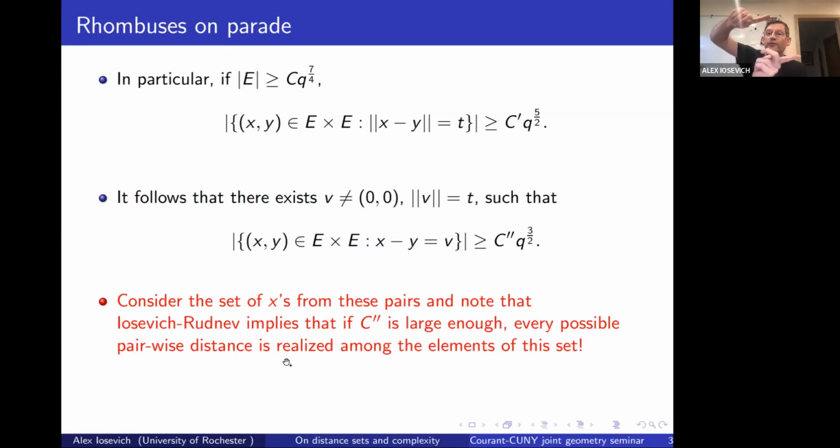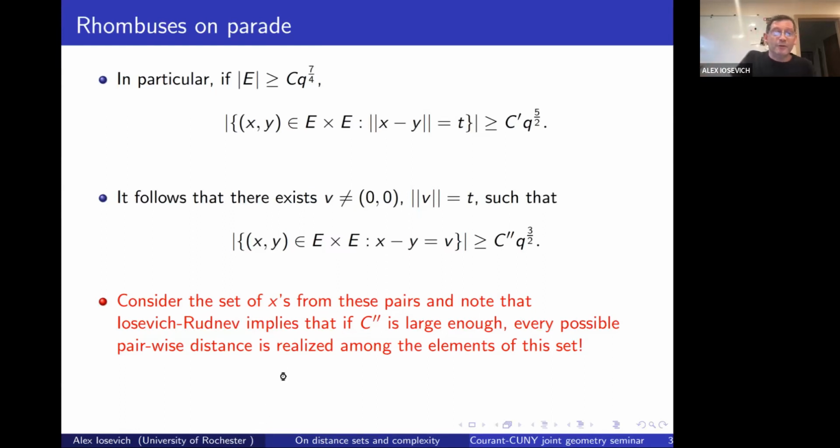So visualize a bunch of parallel segments separated by distance t. There must exist a situation where, if you draw the lines completing them into a quadrilateral, that distance is also equal to t, and that means that you have a rhombus.